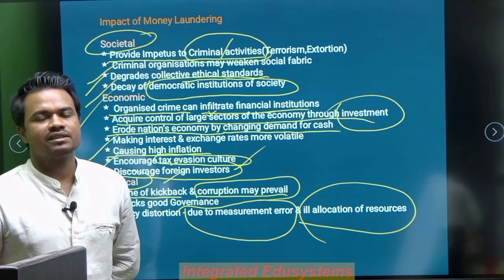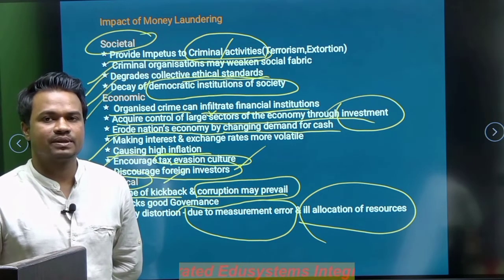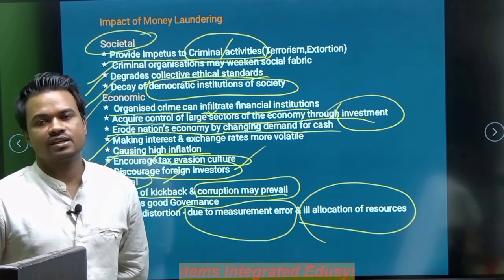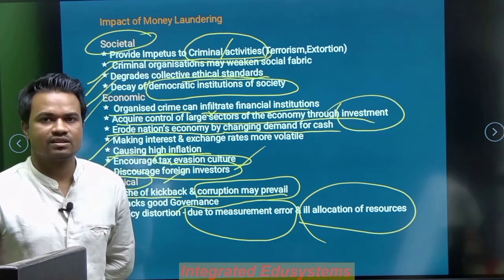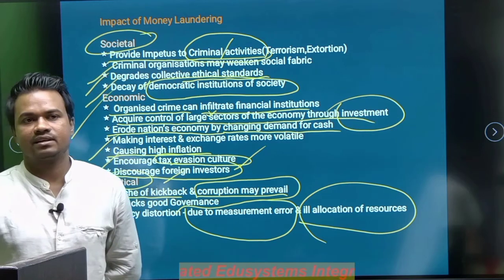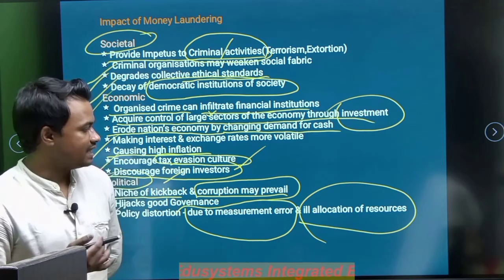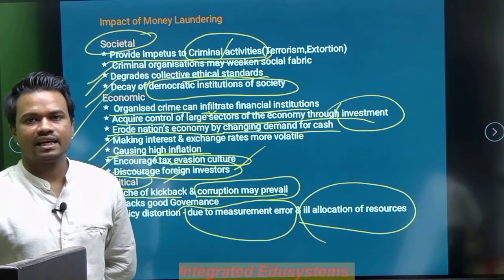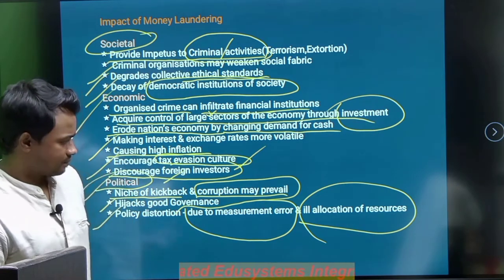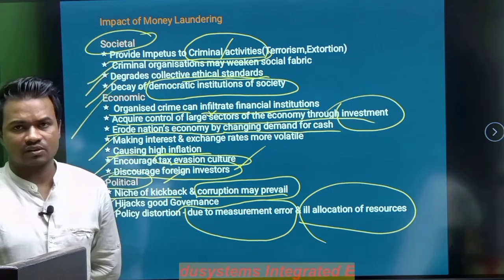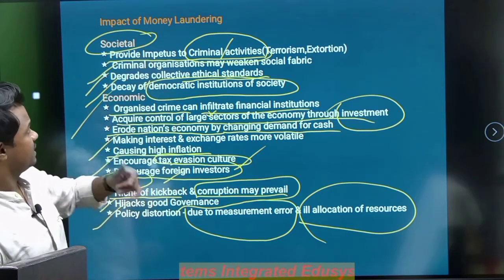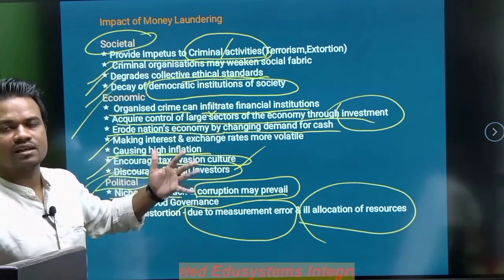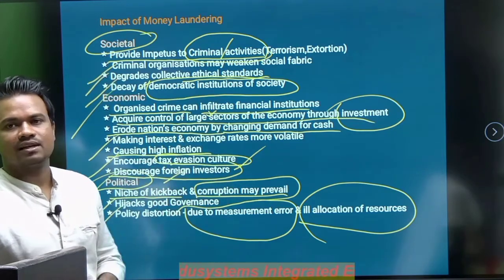If that comes, we will not get the actual picture of our economy. And since measures, reports as well as surveys are important for any policy to be implemented successfully, the government will end up with misallocation of resources. So these are the impacts of money laundering in all three dimensions: societal, economic as well as political.